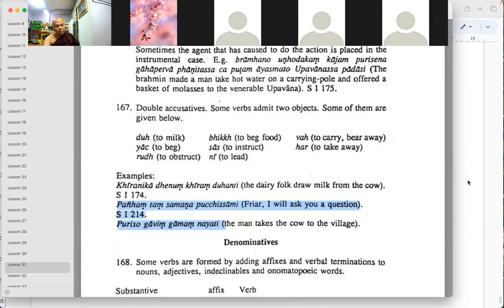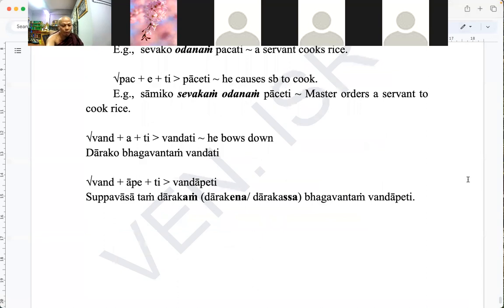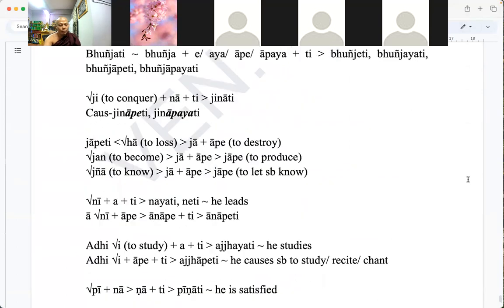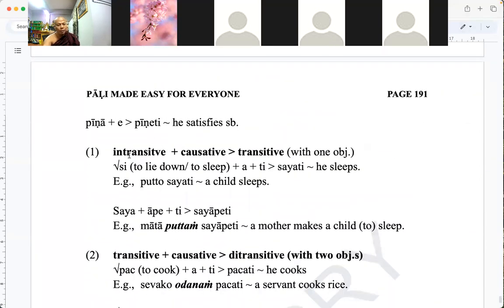After that, if we form the causative, at that time a root that is originally intransitive, when joined with the causative, becomes transitive. That means even though it is originally intransitive and needs no object, it becomes transitive with the causative and needs an object, like here bujjhati, bodhaṃ bujjhati, and then bodhaṃ bodhāpeti, in this way.